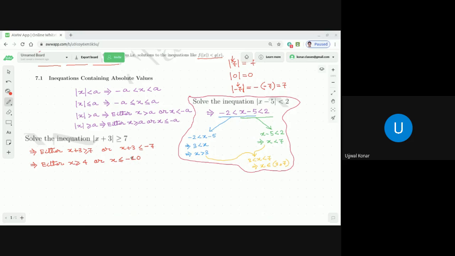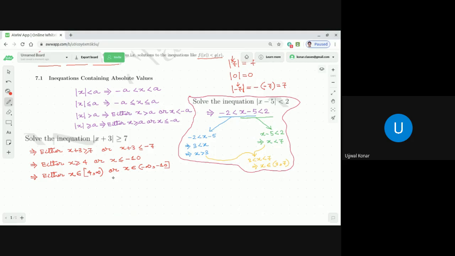Now, when we say that x is greater than or equal to 4, in set theoretic notation, how can we write? This implies either x belongs to the closed interval 4 to infinity or x belongs to the open interval minus infinity to minus 10 closed.